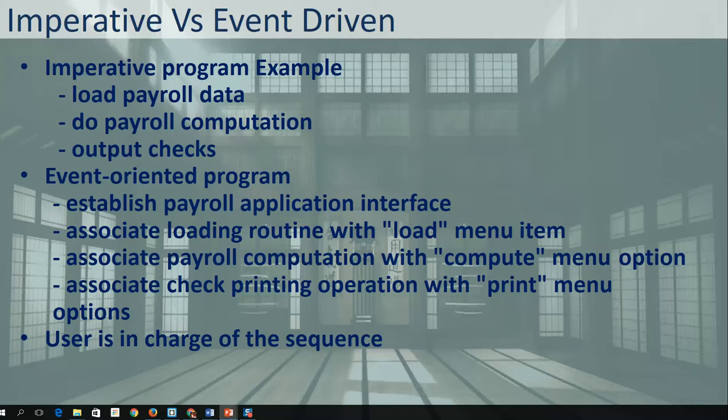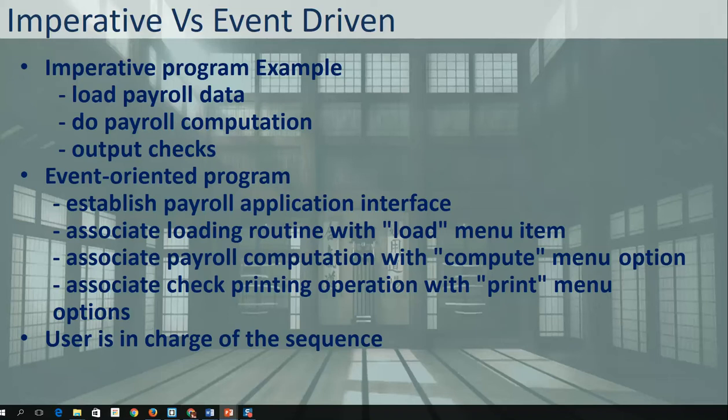We're not specifying which menu or which load. We're saying we have some menu and we have some code that loads, and we want to associate the two. We associate the payroll computation with some compute menu option, and the check printing operation with the print menu option.